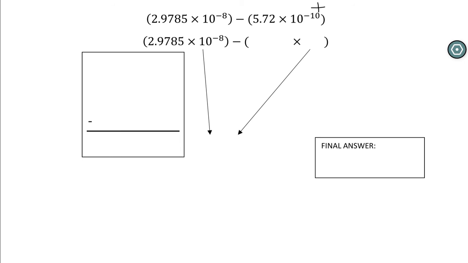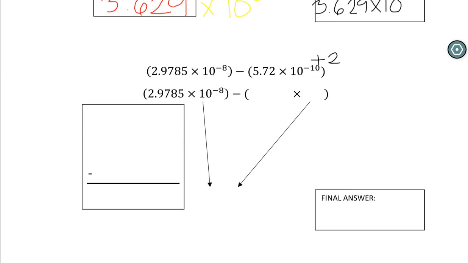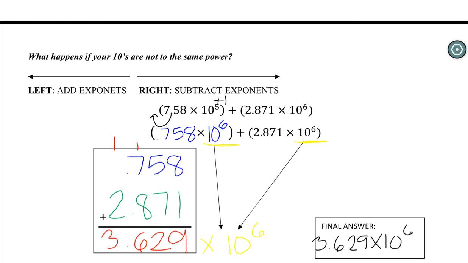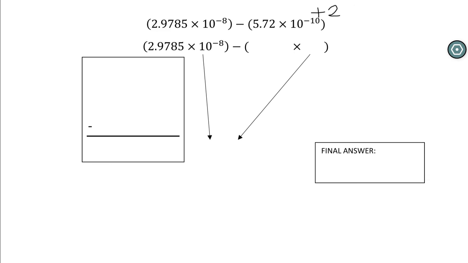So I'm going to add 2 to make that into a negative 8. Now remember, from up here, adding exponents means that I'm going to be moving my decimal to the left. So I'm going to be moving it to the left 2 times.